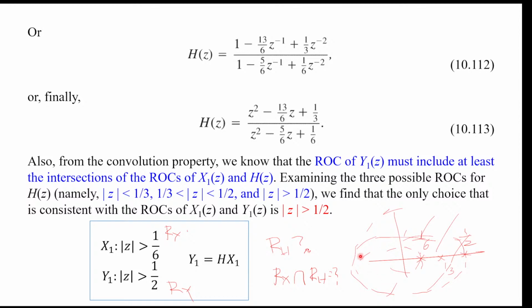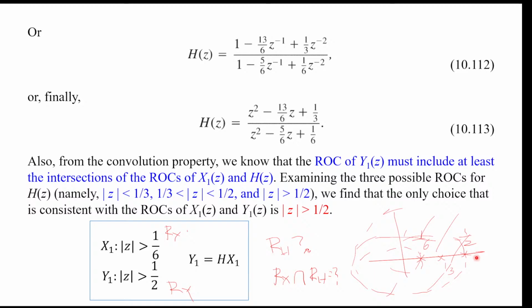And then there are the RC for x1 and y1. The RC for x1 is outside 1 over 6, and the RC for y1 is outside 1 over 2. And what we know is the RC for y1 must contain at least the intersection between the RC of h and the RC of x.